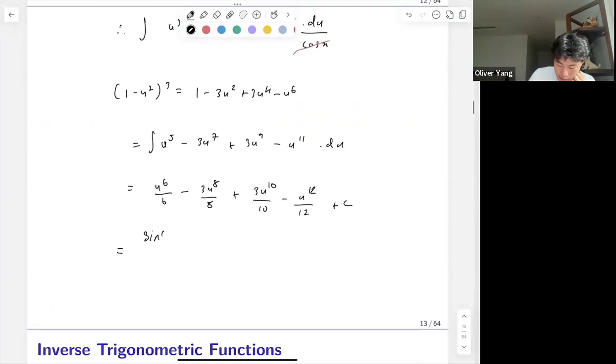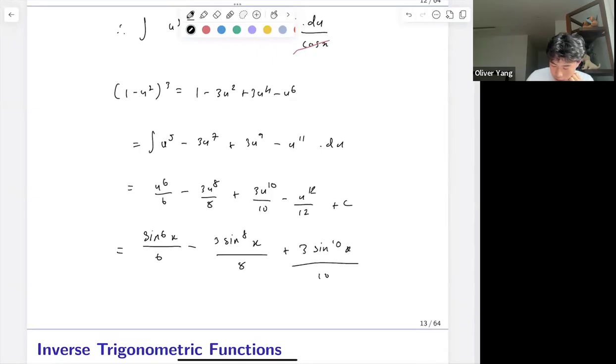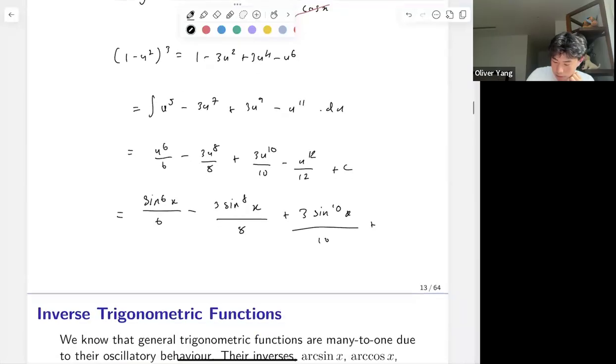So it'd be sine 6x over 6 minus 3 sine 8x over 8 plus 3 sine 10x over 10 minus sine 12x over 12 plus c. Okay, cool. Any questions?